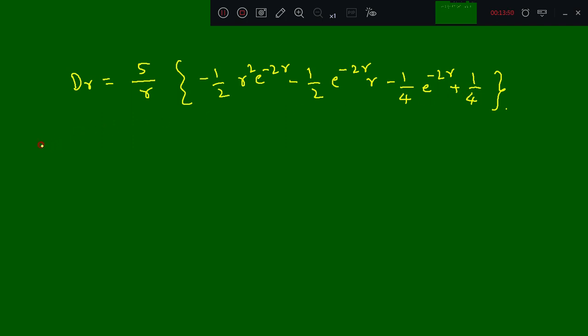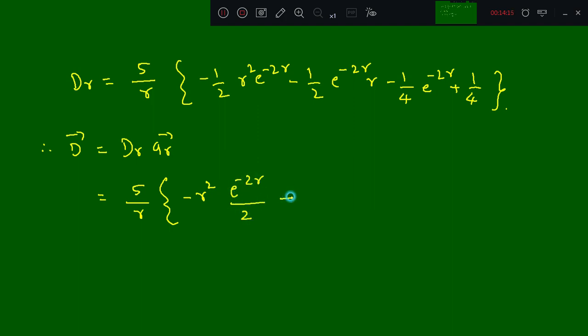Then D becomes dr into ar. So this is equal to 5 divided by r inside bracket, minus, just rearrange, r square e raised to minus 2r divided by 2 minus r into e raised to minus 2r divided by 2 minus e raised to minus 2r divided by 4 plus 1 by 4, in the direction of ar.